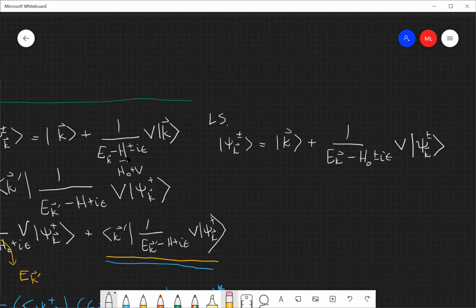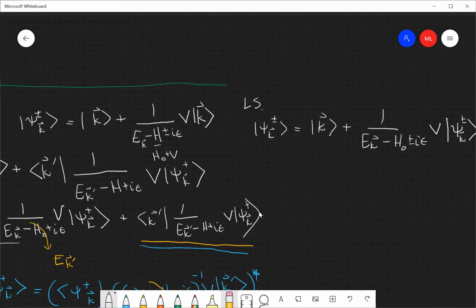And actually, if the scattering potential has some properties, like it's long range, if it doesn't decay fast enough, I think technically it has to decay faster than 1 over r squared, then you can't invert that operator, and the Born series doesn't resum. So this assumes a little more.